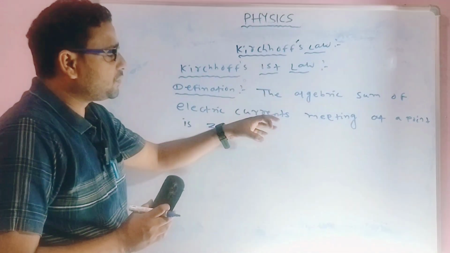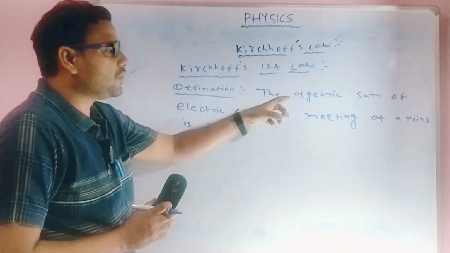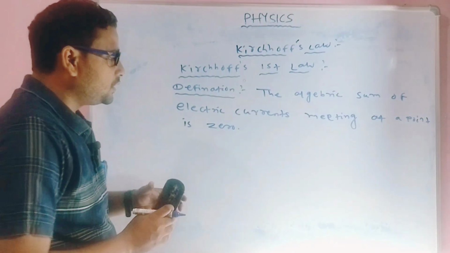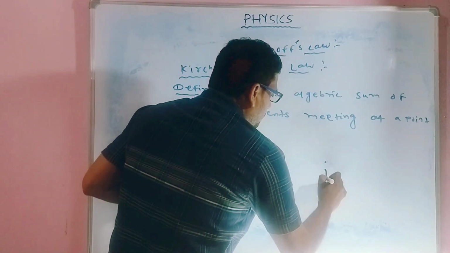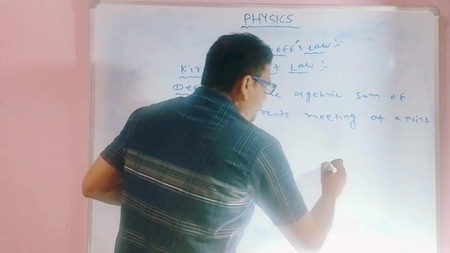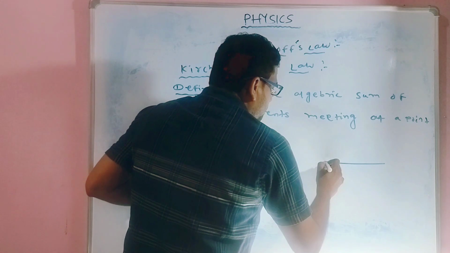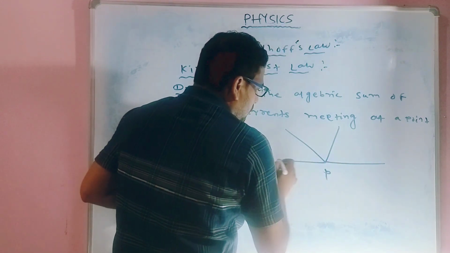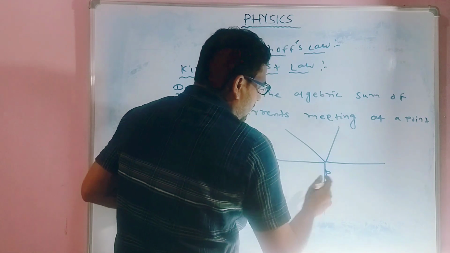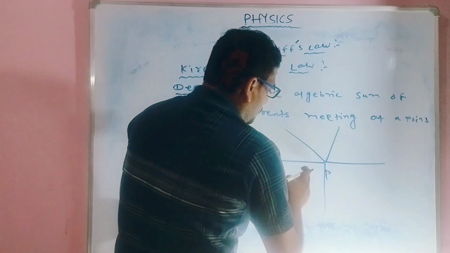Suppose many currents meet at one point, then the sum of the currents will be zero. Okay students, first let us do the diagram. Suppose this is point P, and wires are connected to it. Suppose these are five wires, 1, 2, 3, 4, 5.